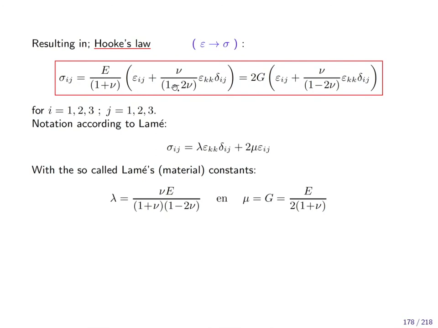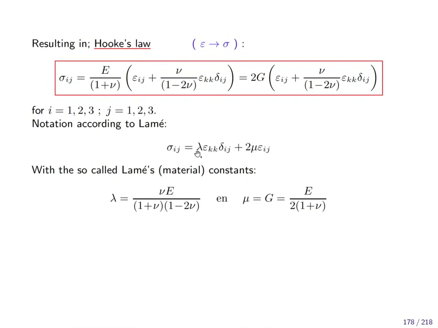Tensor inversion is a little bit more complicated than simple algebraic inversion of a one-liner. This takes into account the full tensor nature of the object. Now material parameters are E, nu, and the non-independent G. Some other people, Mr. Lamé, more than 100 years ago, didn't like this.